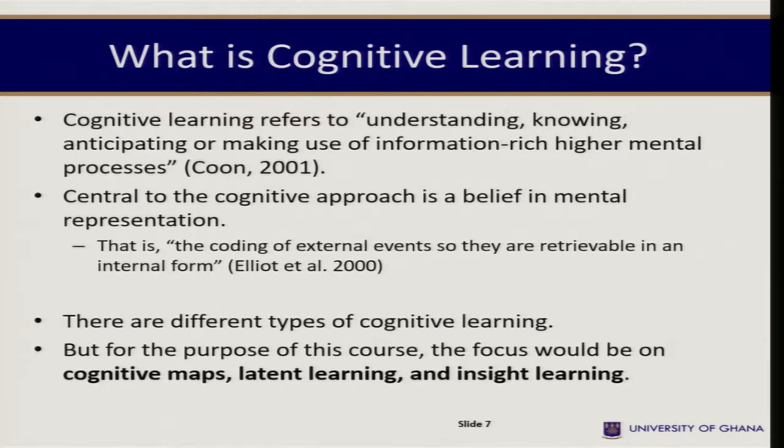What is cognitive learning? This refers to the understanding, knowing, anticipating, and making use of information-rich higher mental processes. This is found in Kuhn 2001. At the core of the cognitive approach is a belief in mental representation, that is, the coding of external events so they are retrievable in an internal form.